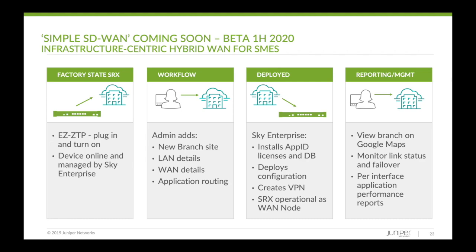So what this feature does is allow you to take a new SRX, plug it in, and then use Sky Enterprise's new SD-WAN workflow to configure that device up as a new branch site with all its LAN and WAN details, with application routing, and then from there Sky Enterprise will deploy the device by installing App ID licenses, installing databases, building the entire configuration, creating the VPNs back to the hub site, and bringing it up as an operational SD-WAN node.